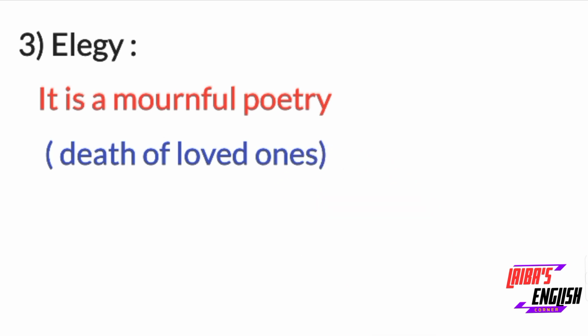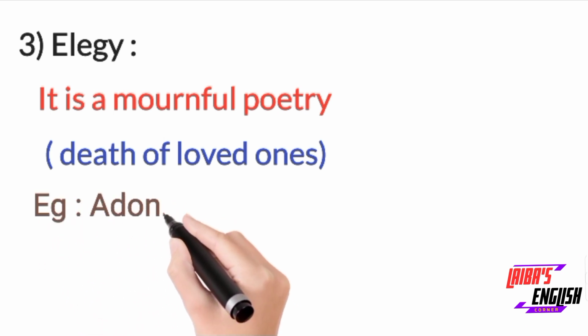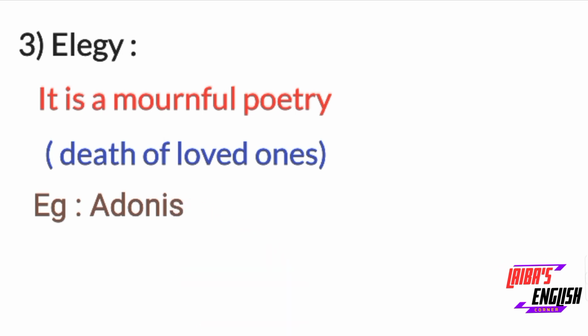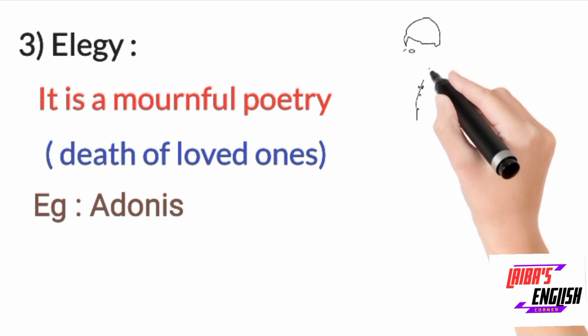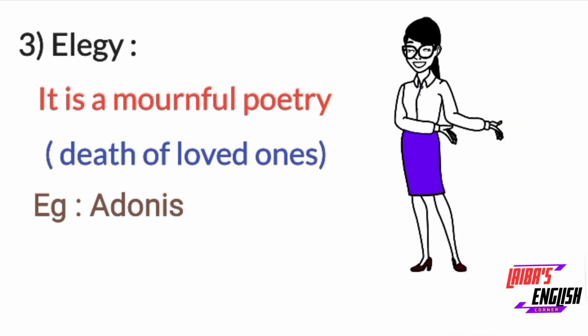It is mournful, sad poetry. We will have an example. For example, Adonais. Adonais is written by Shelley in sadness at the death of his close friend, John Keats. So this was a tribute to him.